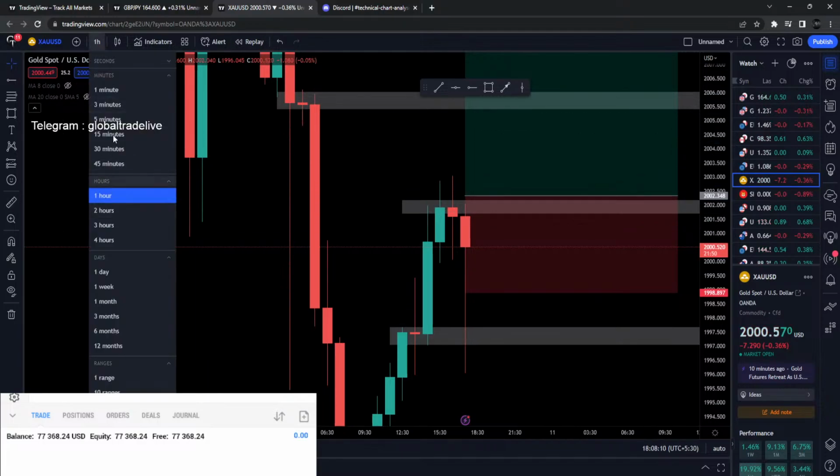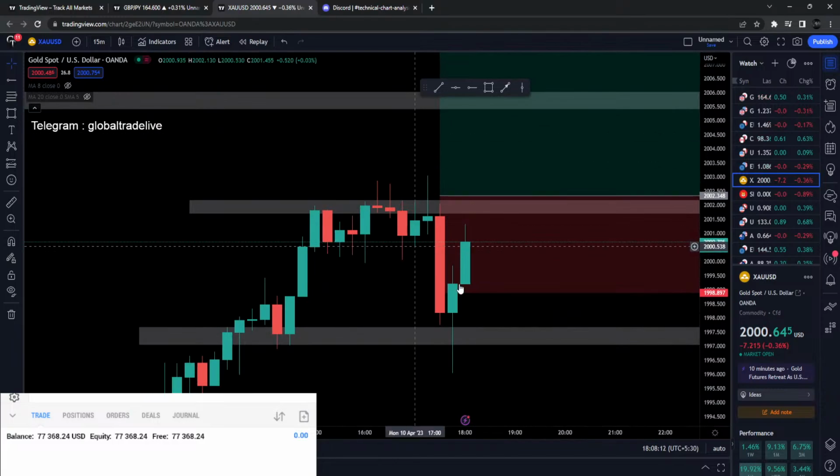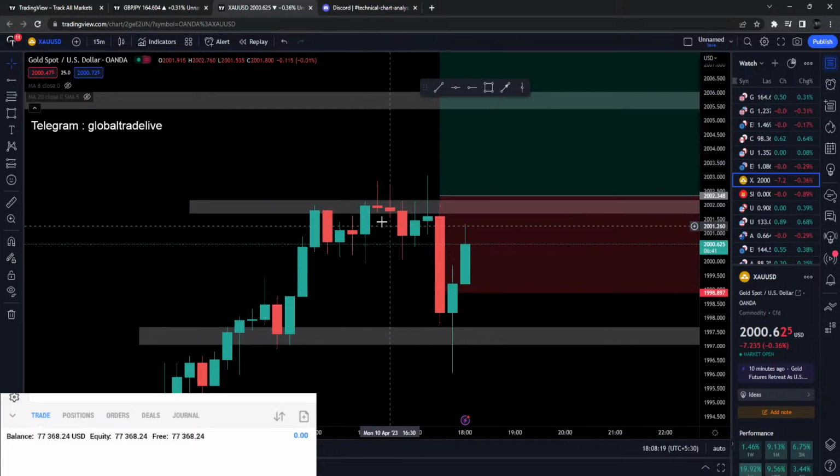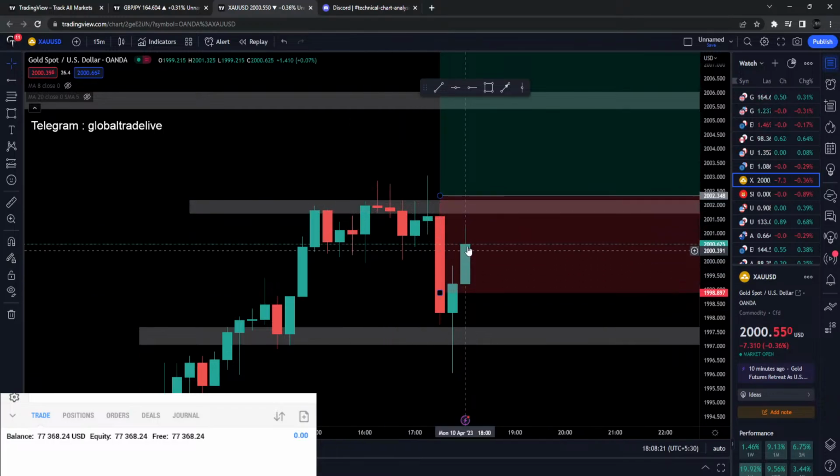So let's have a look at the 15. Yeah, I think resistance formed. If this candle breaks the high, we'll be moving up.